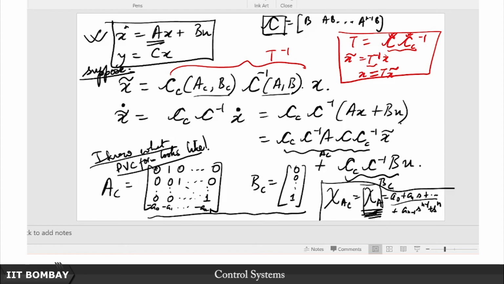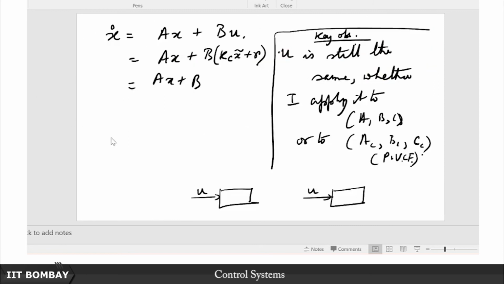So then this is going to be nothing but Kc C inverse x plus R. That means my system turns out to be A plus B Kc Cc C inverse times x plus Br.